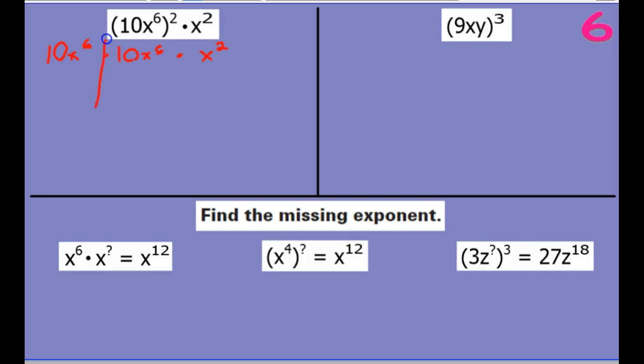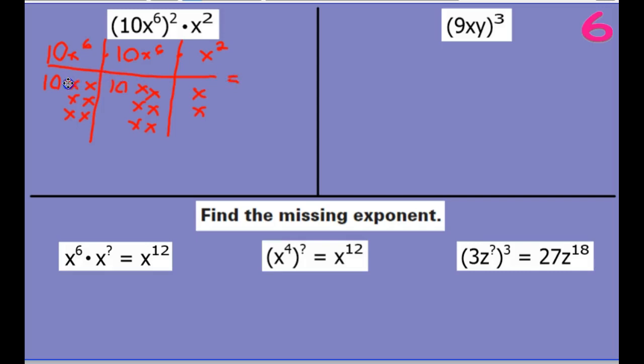We can write that as well. So 10x to the 6th power, we have 10 and 10. We have 6 x's, so 1, 2, 3, 4, 5, and 6. 1, 2, 3, 4, 5, and 6. And 1, 2.